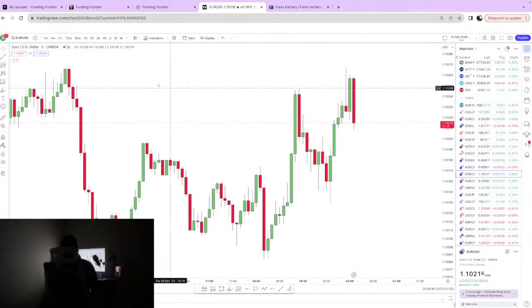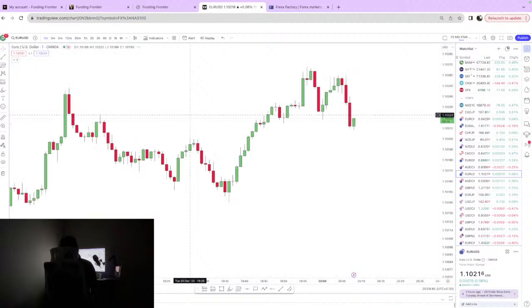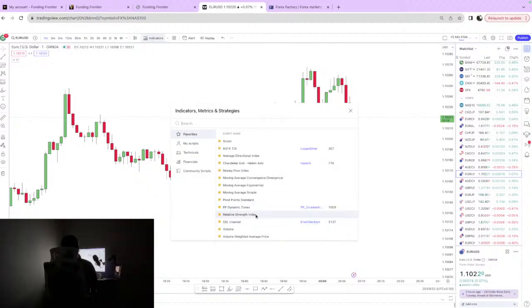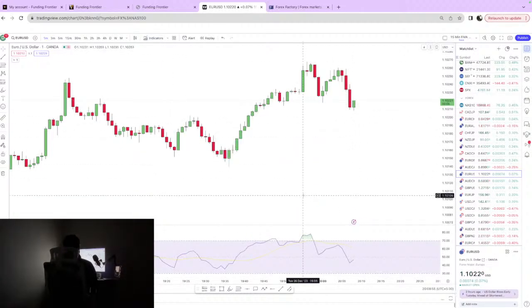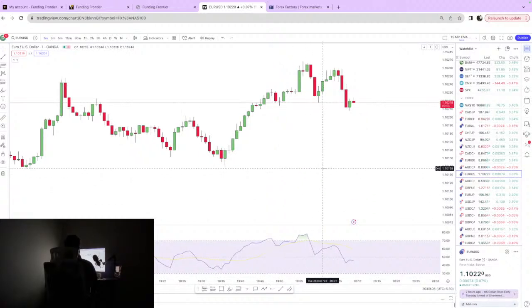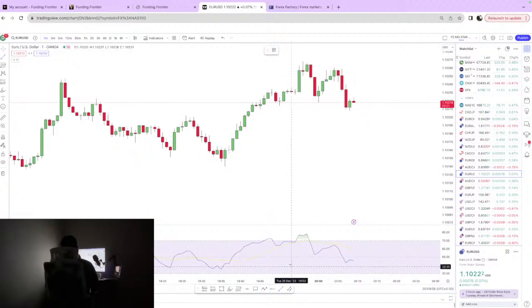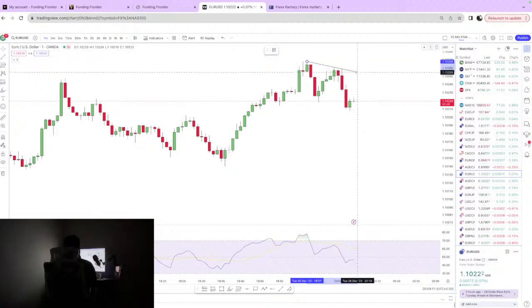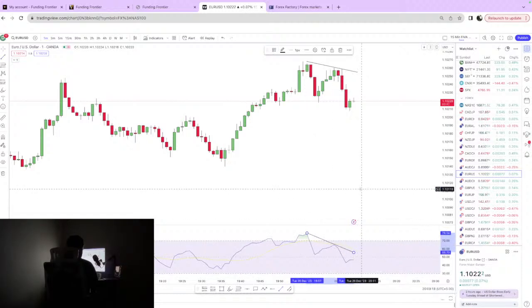What happened? What is this, brother? It is not a divergence. That means you have not understood. It's down sloping here and it's down sloping here. So this is not a divergence.